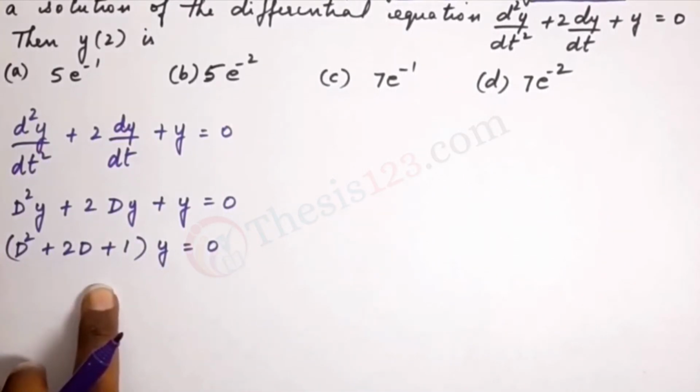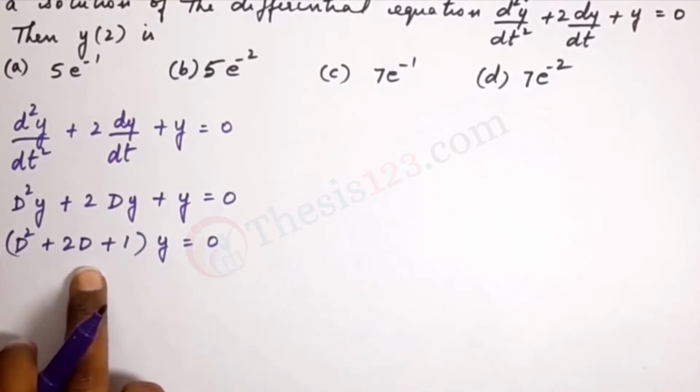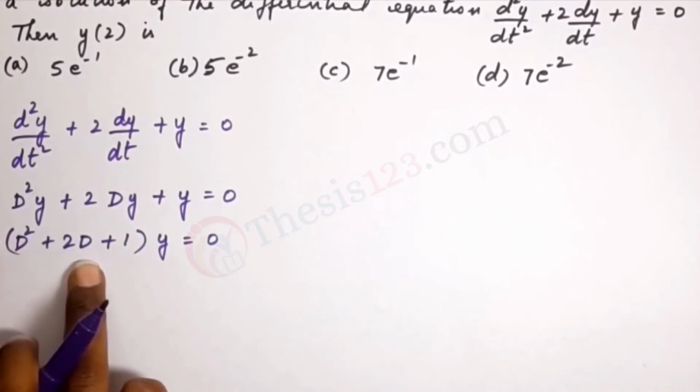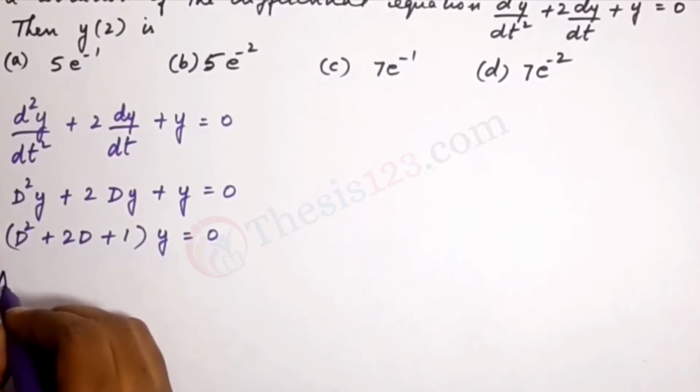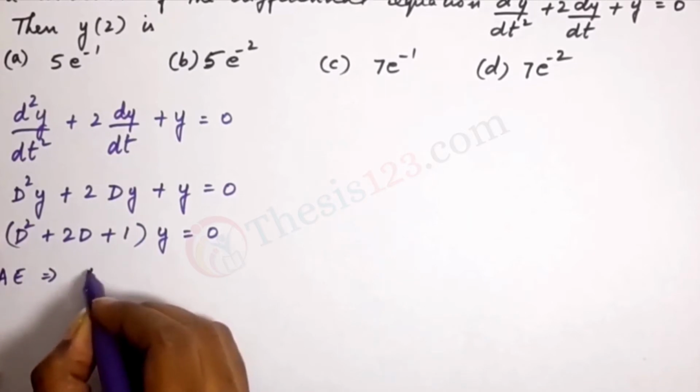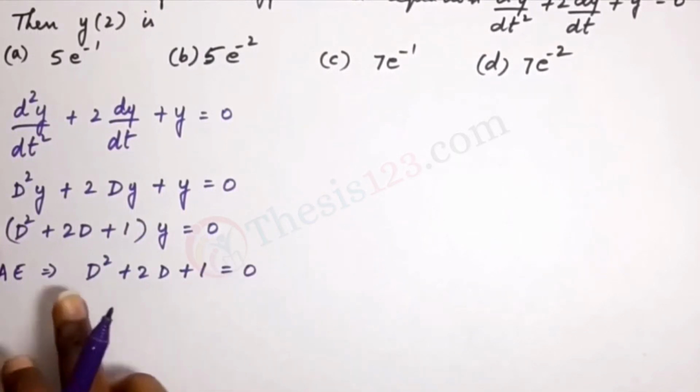So the equation that is there within the brackets is called the auxiliary equation. So we take the auxiliary equation and equate it to 0. Okay, so that's the auxiliary equation: D square plus 2D plus 1 is equal to 0.